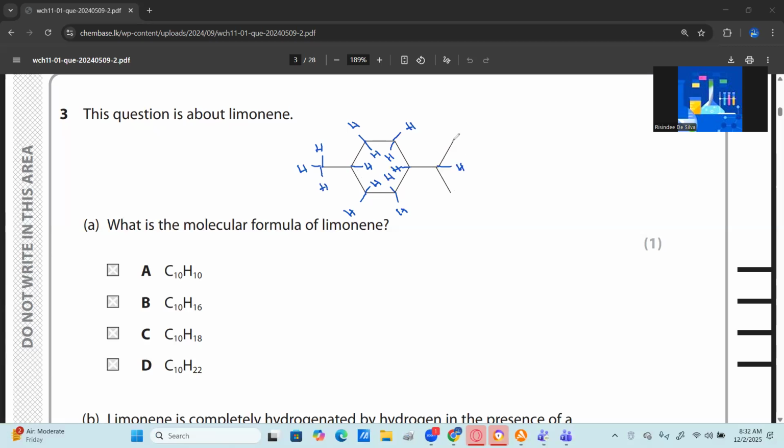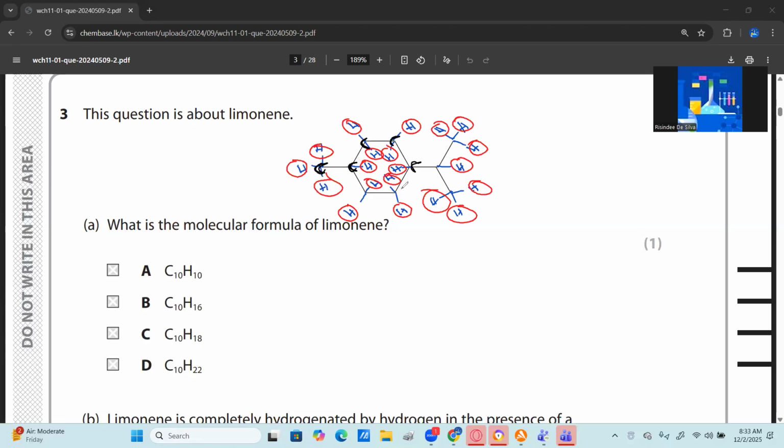Here also 1. Likewise, you have to put. Then we'll count the number of hydrogens: 1, 2, 3, 4, 5, 6, 7, 8, 9, 10, 11, 12, 13, up to 18, 19, 20. So number of carbons will be 1, 2, 3, 4, 5, 6, 7, 8, 9, 10.